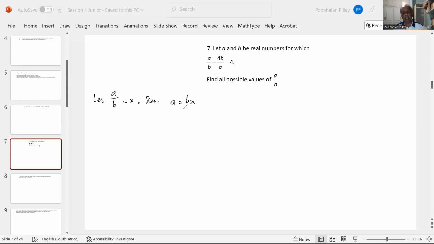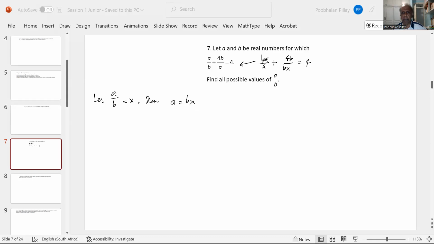Now this is very useful because when you put a equal to bx, you can replace a by bx wherever you see a. So this equation becomes bx over b plus 4b over bx equals 4.